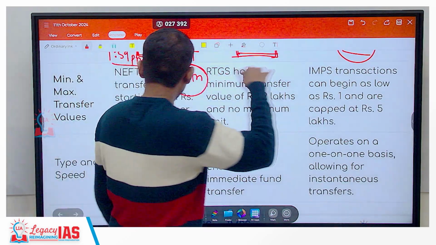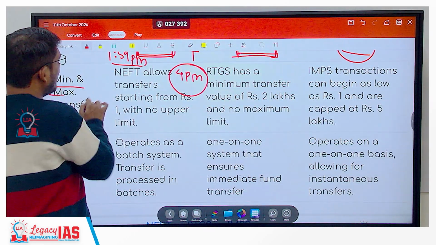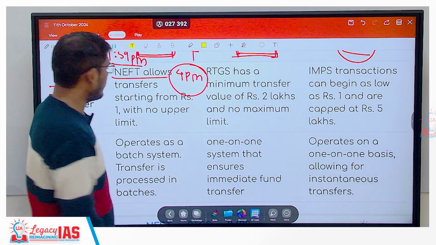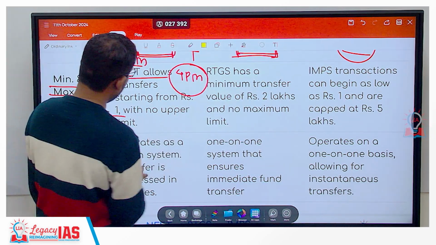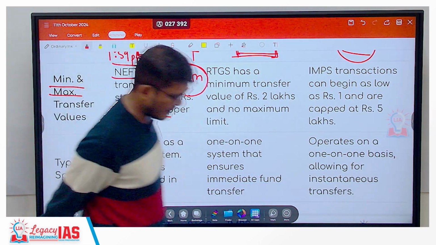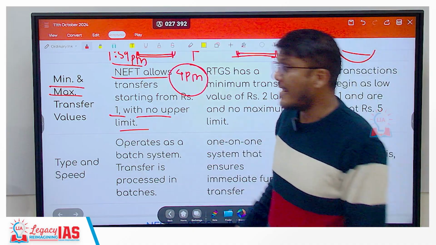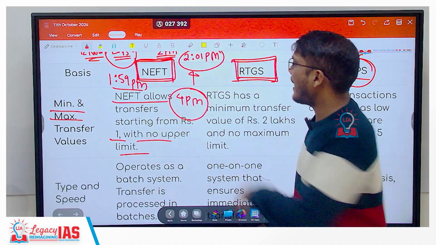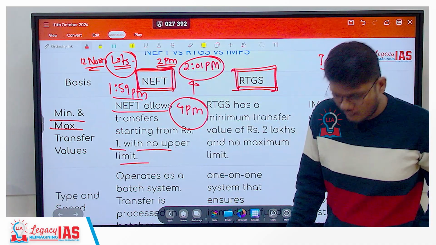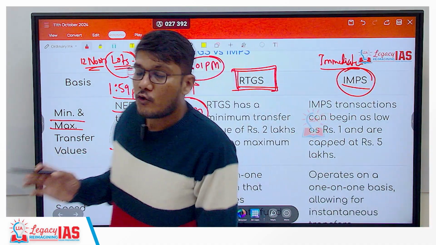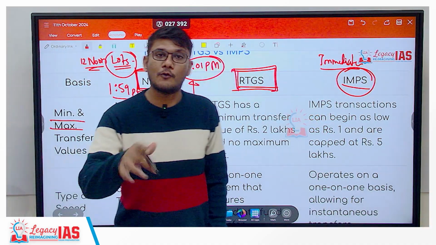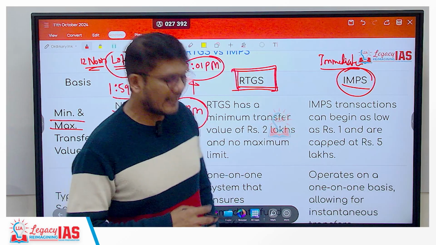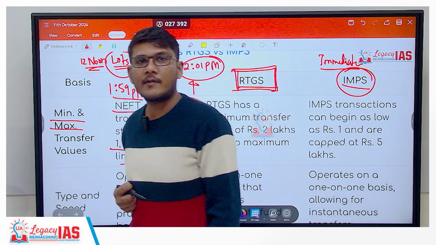Okay, let us look at the minimum and maximum amount. NEFT allows starting from rupee 1 with no upper limit. Rupee 1 with no upper limit. And that is the reason why it happens in lots. Why? Because since there is no upper limit, you can literally transfer lakhs and lakhs of rupees. And it sort of gives you some time.